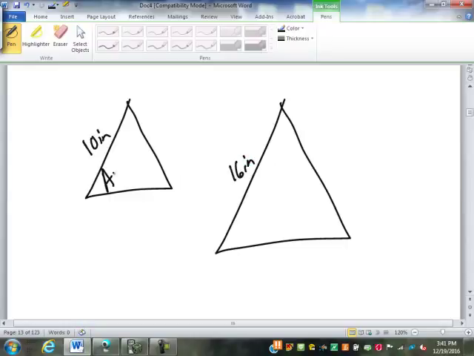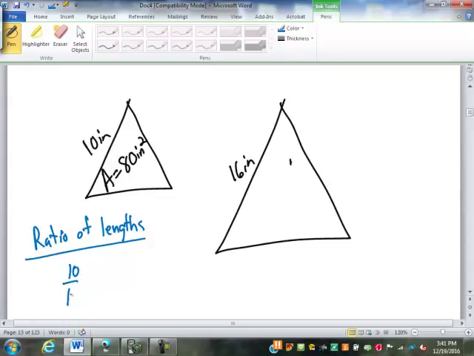And they know that the area of this triangle was 80 inches squared. Can I find the area of this one? Well, the ratio of lengths was 10 to 16, correct? The 10 became the 16 when I enlarged it. Now to make this next step a little easier, I'm going to reduce that. Both 10 and 16 can be divided by 2. Gives me a 5 to 8 ratio of lengths.